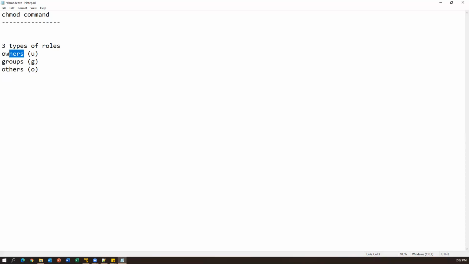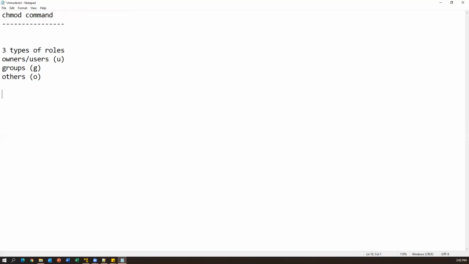The first role is called owners, the second is groups, and the third is others. Owners, or we can say users, is represented with U, groups with G, and others with O. These are the three types of roles supported in Unix or Linux.